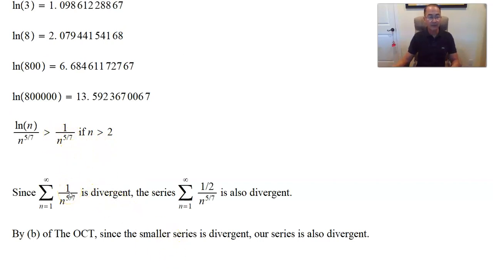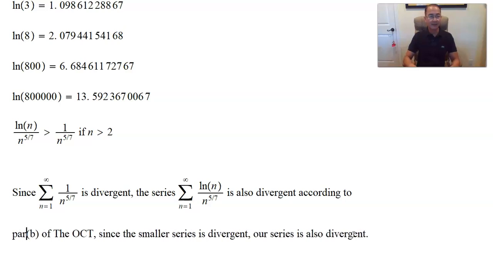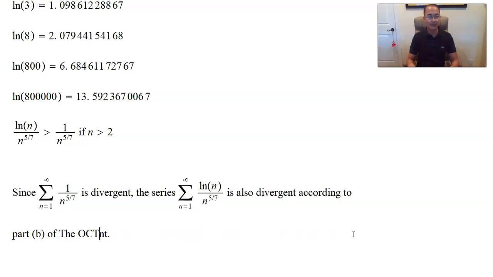Since the smaller series is divergent, we don't even have to use the 1/2. The series summation ln of n over n to the 5/7 is also divergent according to part B of the OCT. And we can put a period on that sentence. So we have a smaller series which diverges, so the bigger series that we have is also divergent.